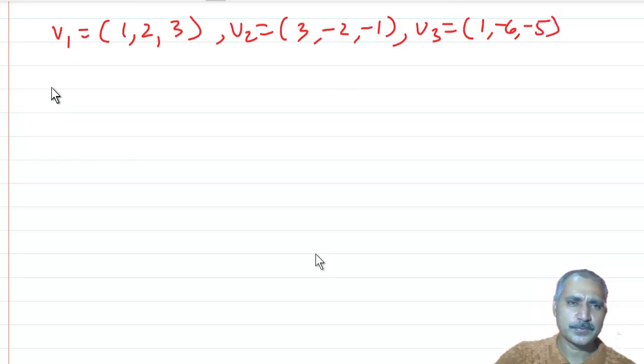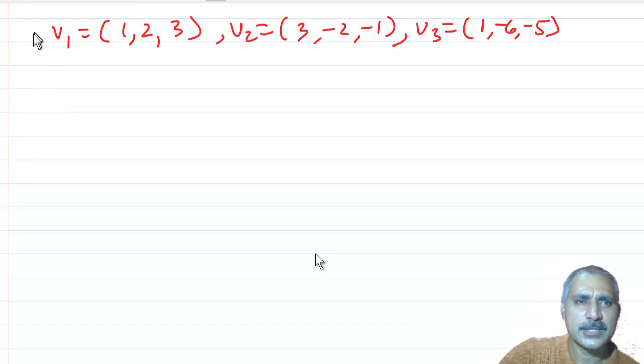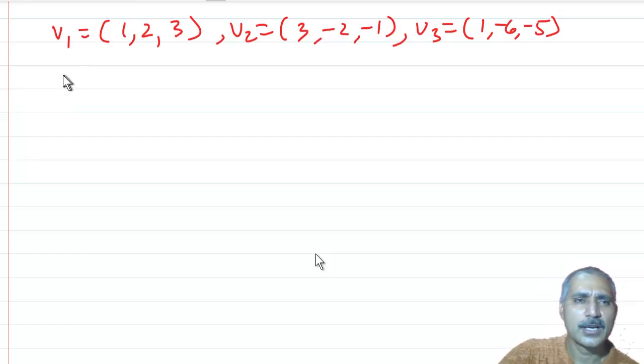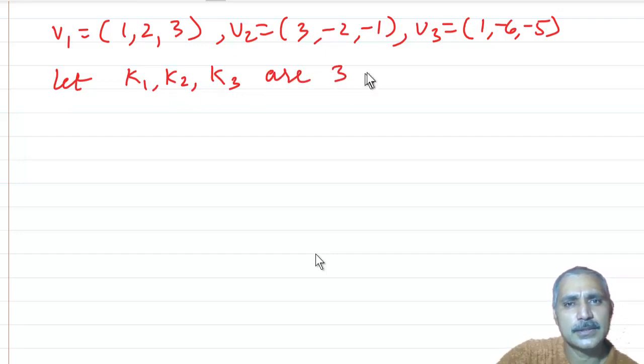Now for this we will be having three constants, as we have been given three vectors. Let k1, k2, k3 be three scalars.